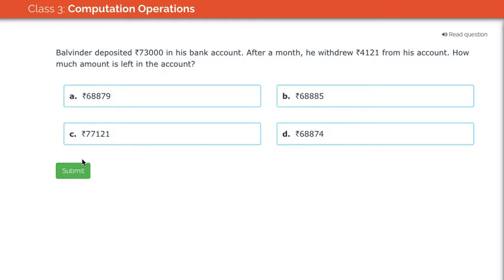It'll take from 7, and it'll become 13. And 13 minus 4... 12, I mean, 3 is now 2, right? So 12 minus 4 is 8, and 7 will become 6. 6 will go down.